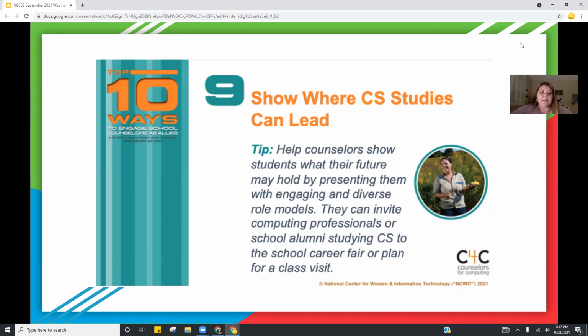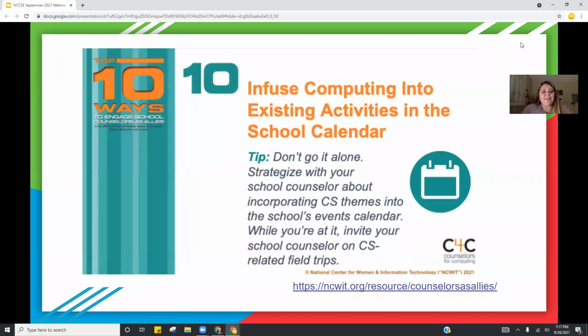All right, number 10, big number 10. So infuse computing into existing activities in your school calendar. I already talked about the hour of code. If you're not already doing that, that would be great. But you already have things like open house, your parent teacher conferences, games, like sports games.